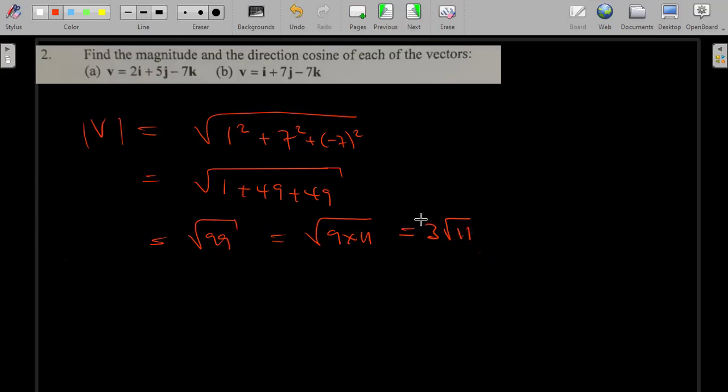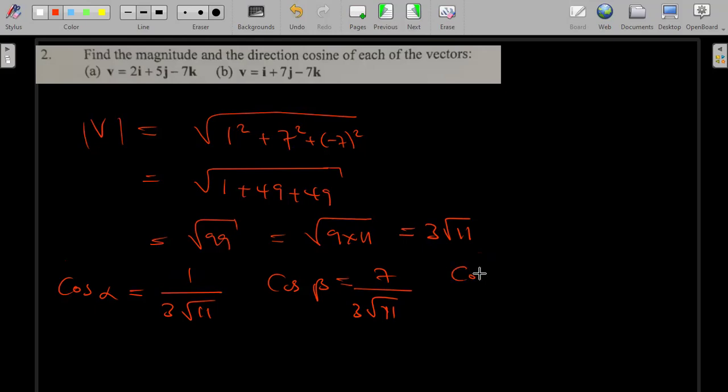Then I do the same. So I'm going to divide this into each component of my vector to get those direction cosines. So the one for alpha is going to be 1 over 3 root 11. Then for beta it is 7 over 3 root 11. Then I have cosine gamma, which is negative 7 over 3 root 11, like that.